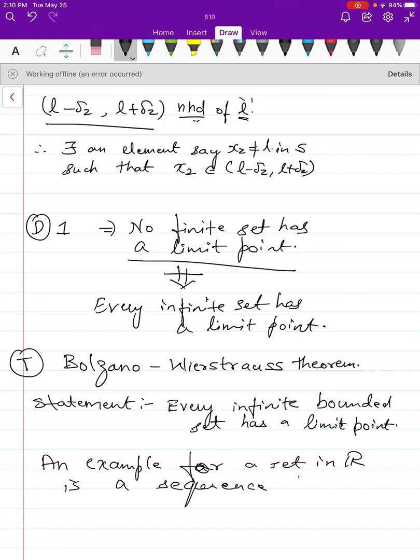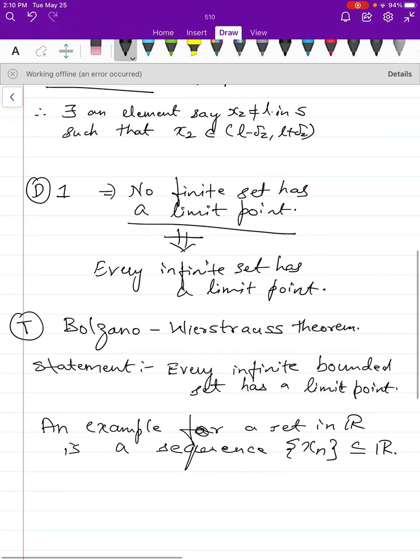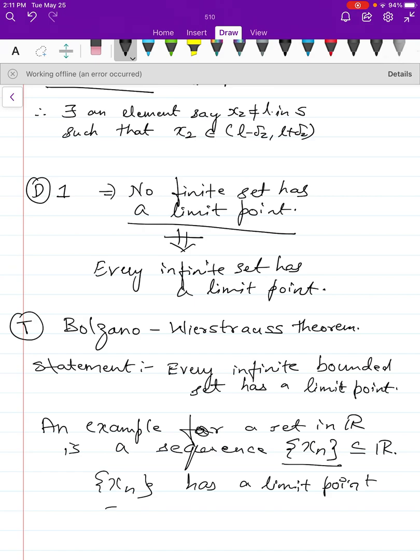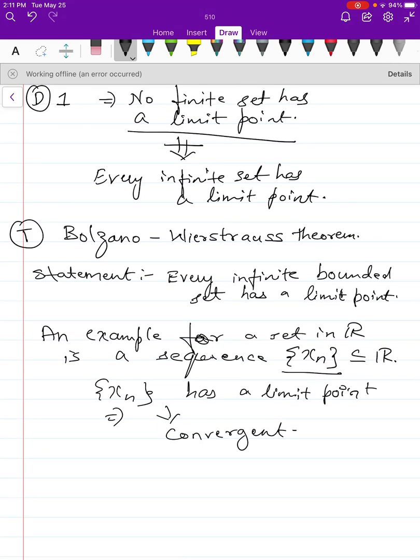Generally, what do you say a sequence to be? An orderly arrangement of numbers. So what do you mean by a bounded sequence having a limit point? It means that the sequence is convergent. Correct? What is the condition for a sequence to be convergent? It should have a convergent subsequence.